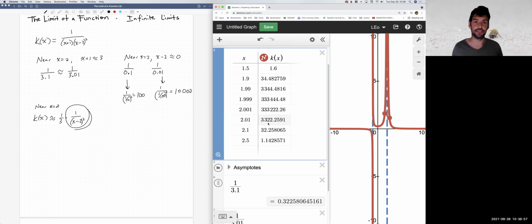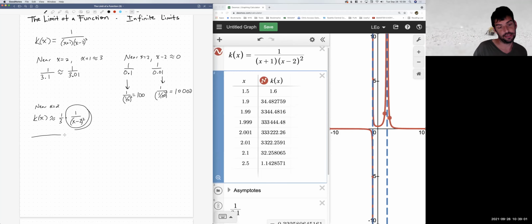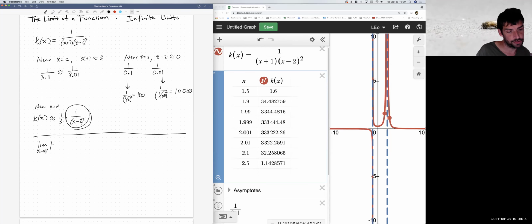But now let's bring this over to limits. So let's think about the limit as x goes to 2 of k of x.